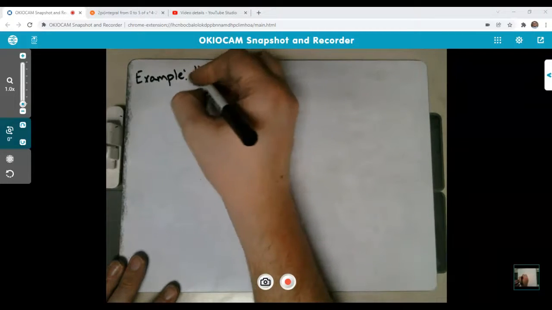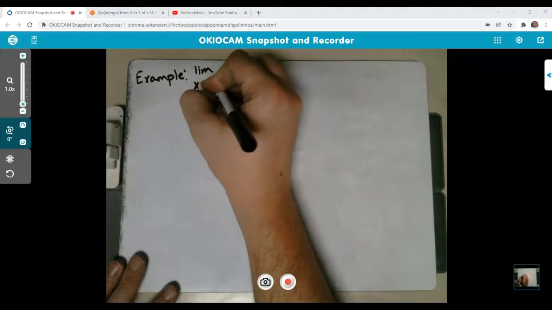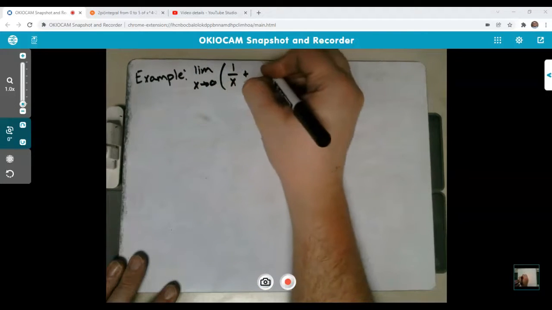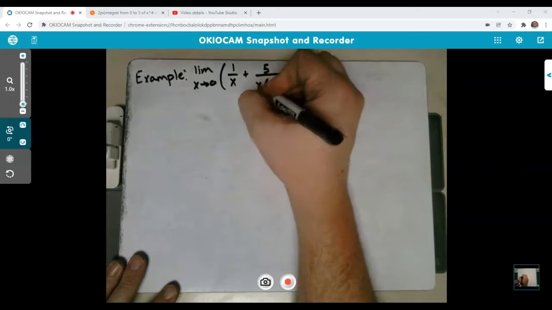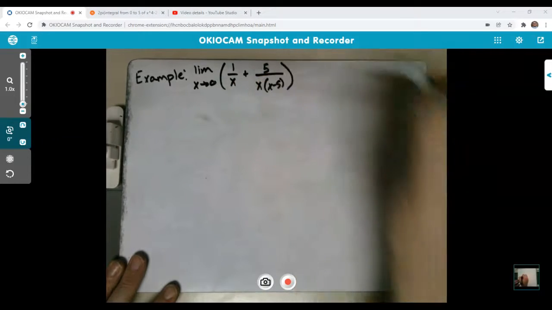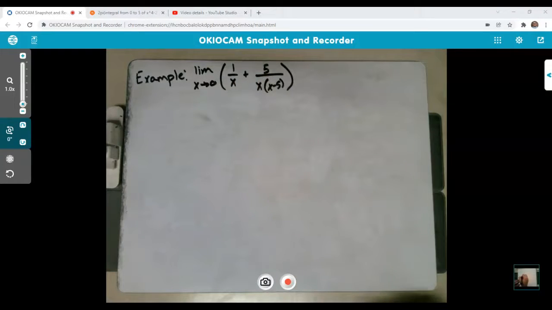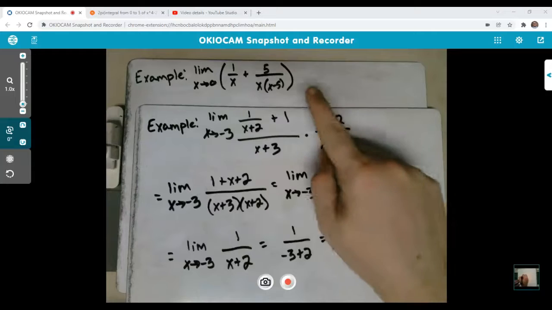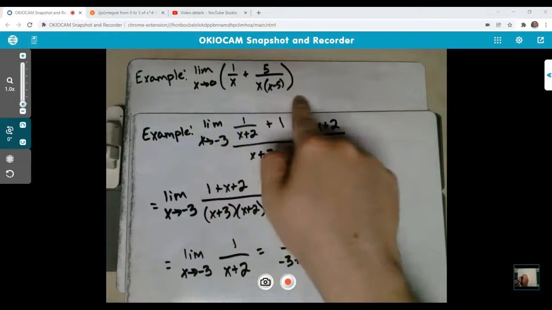Let's do the limit as x approaches 0 of 1 over x plus 5 over x times x minus 5. For this one, I don't really have a fraction within one like I did over here. So doing this trick really wouldn't help me here because I'm not dividing by more stuff.